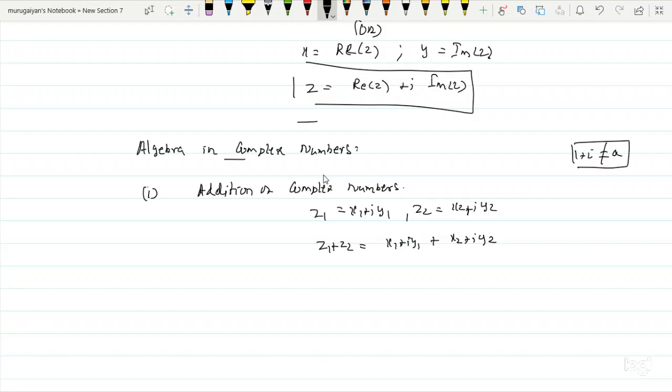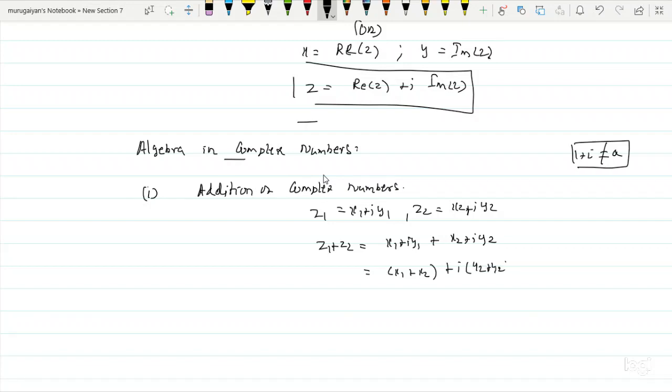So now what to do? Two real numbers can be added or subtracted, as well as two imaginary numbers can be added and subtracted. The addition of two complex numbers means we have to combine the real parts of the two complex numbers together and the imaginary parts together.